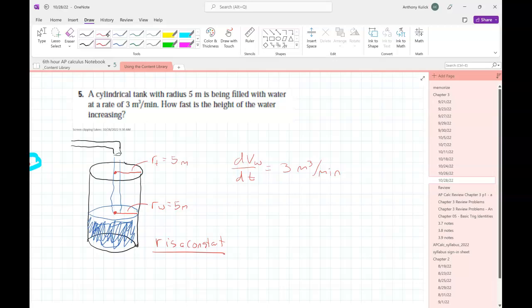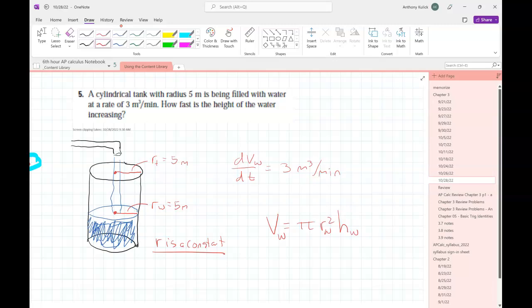So the shape of the water is going to be what shape? It's a cylinder. What's the volume of a cylinder equation? It's the area of the base, pi r squared, times the height. I'm going to put little subscripts of W on these to remind us that we're talking about the water and not the tank. Everybody's cool with that?